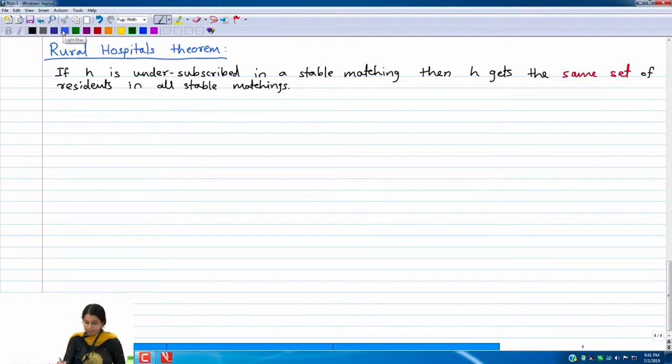So first we will see an example. So suppose R1 prefers say H2 over H1 and then H3, and R2 also does the same.